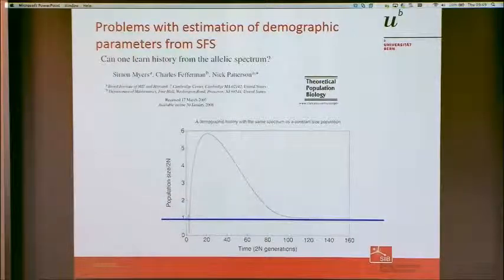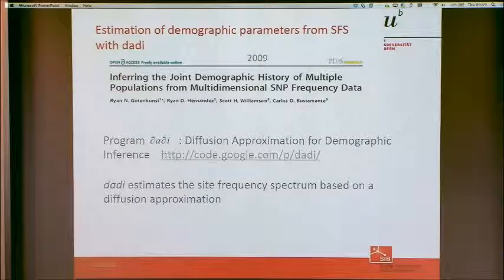But despite this, many people have tried to still use the site frequency spectrum, and relatively successfully in some cases. And one of the most commonly used methods is the method developed by Gutenkunst in collaboration with different people and Carlos Bustamante.